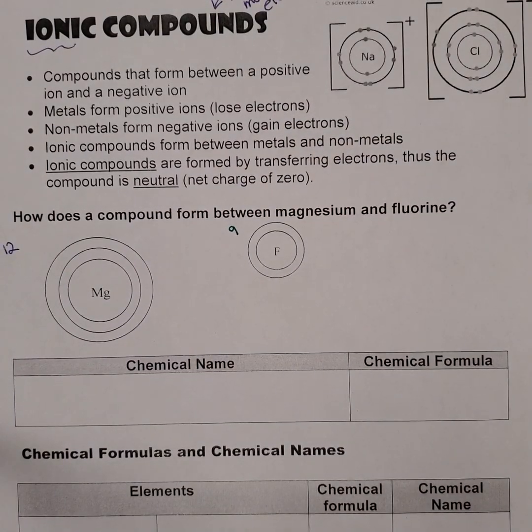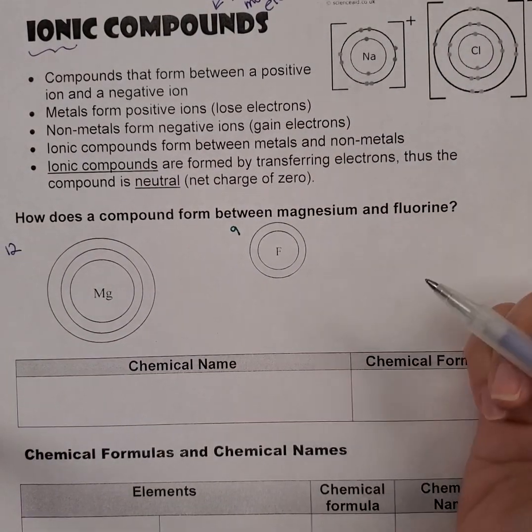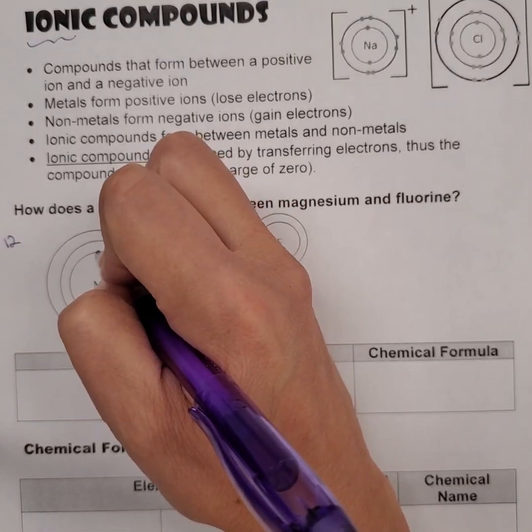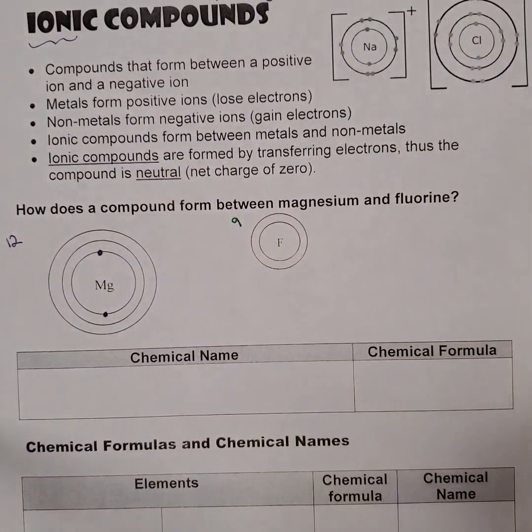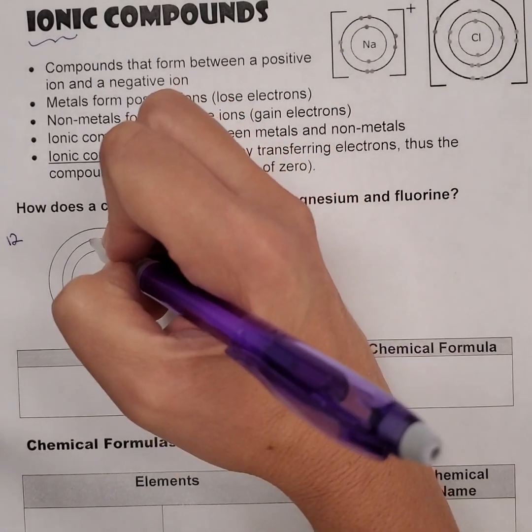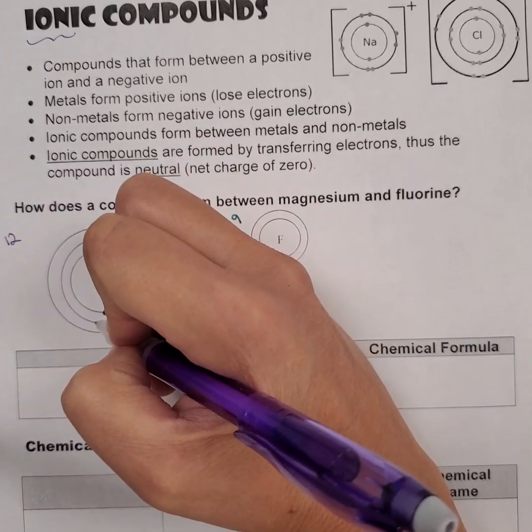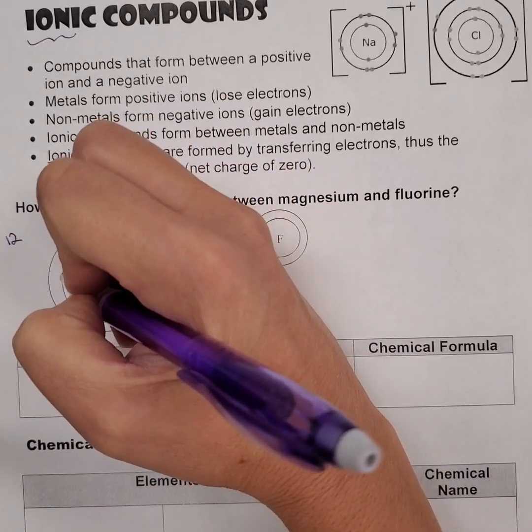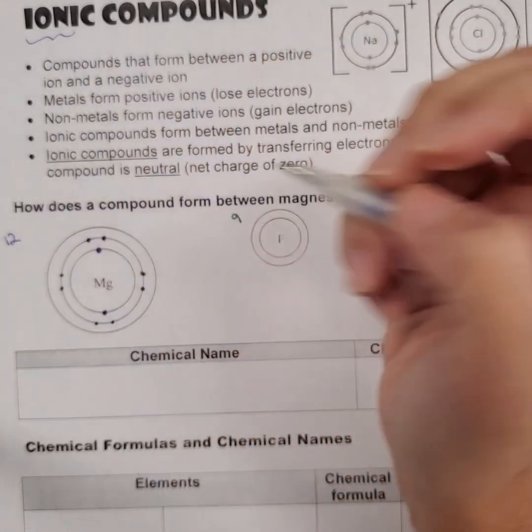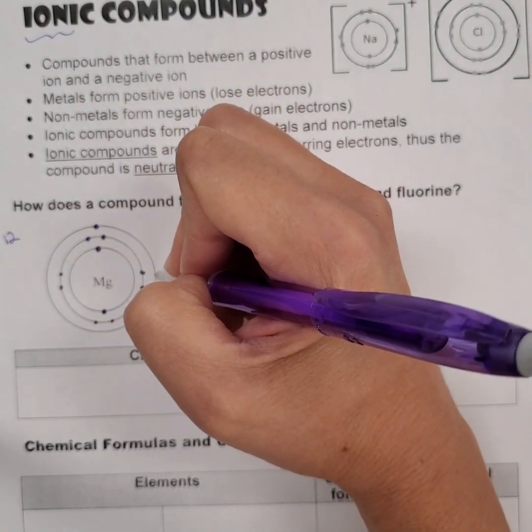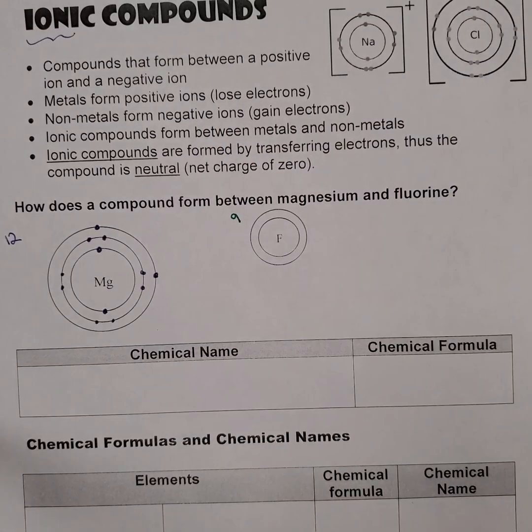When you start doing your Bohr diagram, remember that you start with 2 electrons on the first shell. So I'm going to draw my 2 electrons on my magnesium, and then there will be 8 electrons on my second shell, which brings me up to 10. And then I need to get to 12, so there's going to be 1 here and 1 here.